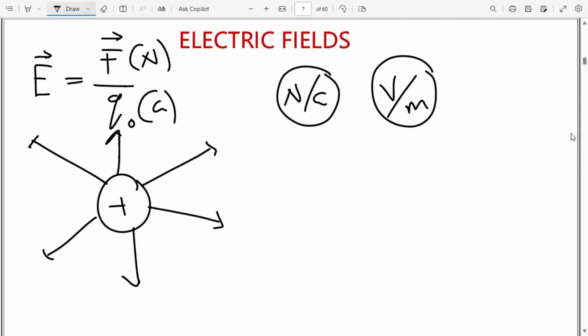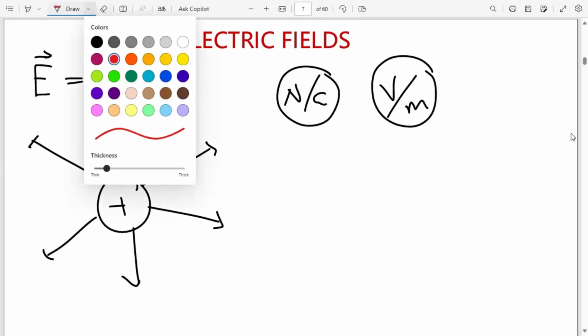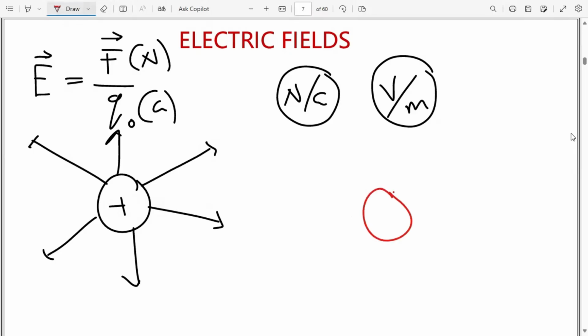Since the electric field is always pointing away from a positive charge and towards a negative charge, if I have a negative charge here, let me write it in red, the electric field will be pointing at 90 degrees towards my negative charge from all directions, like that.